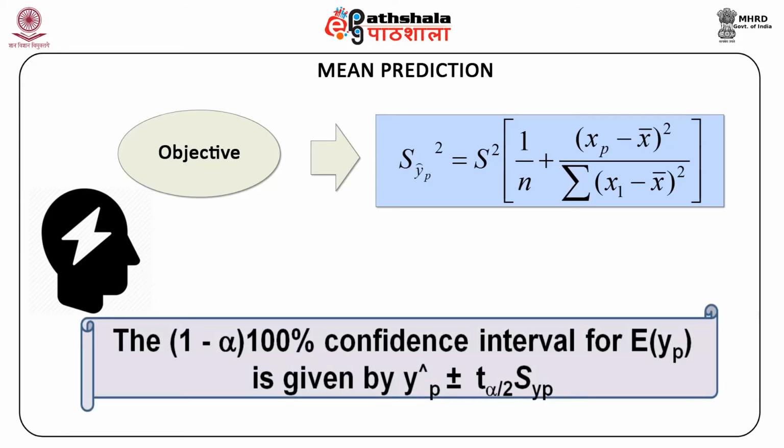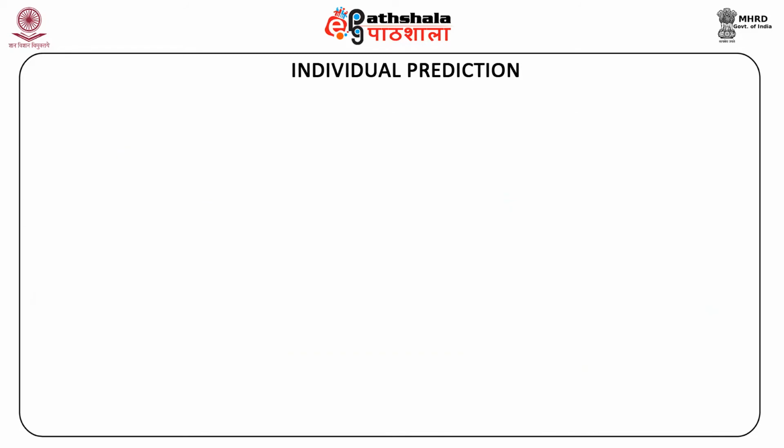The 1 minus alpha 100% confidence interval for E(Yp) is given by y hat p plus minus t alpha by 2 times s of y hat p.